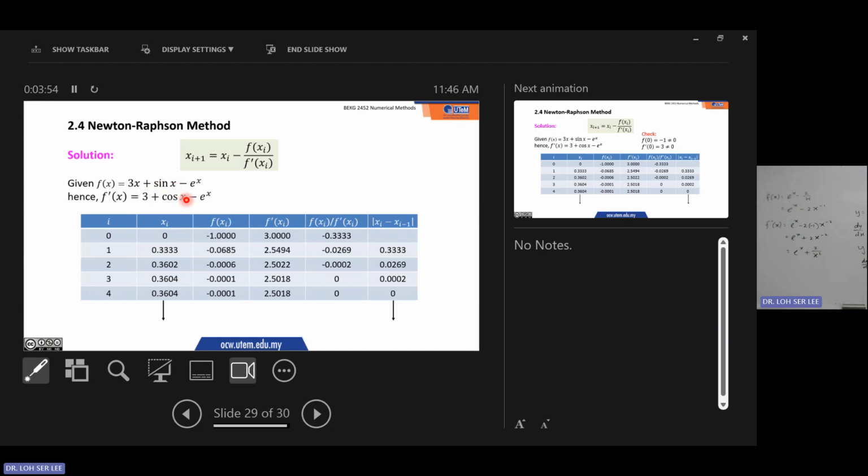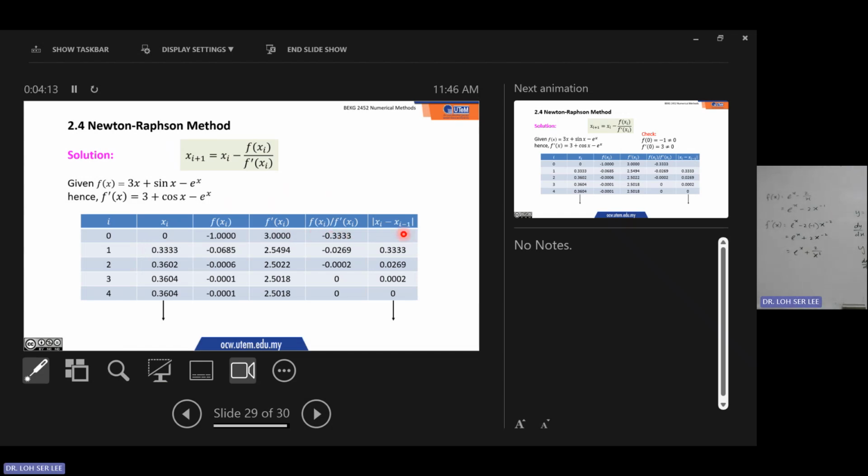Sin x, we get cos x. e^x, we get e^x. Then the starting point is 0. So we substitute 0 into f and f prime, we get these 2 values. And just use f divided by f prime, you get this.